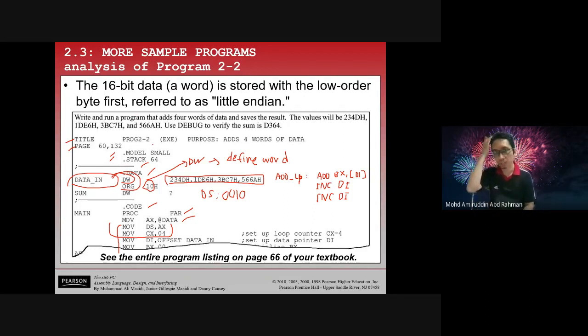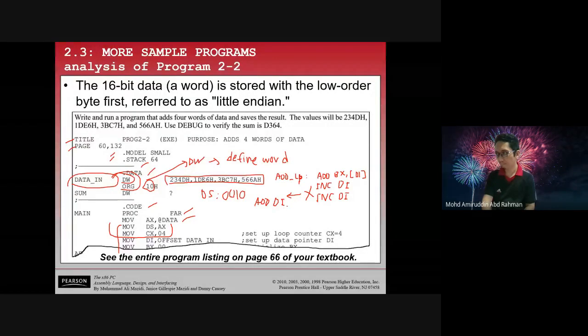So for the word we need 2 increments. This can also be replaced, if we don't want to use this, by add DI, 2. So we just put 1 instruction.